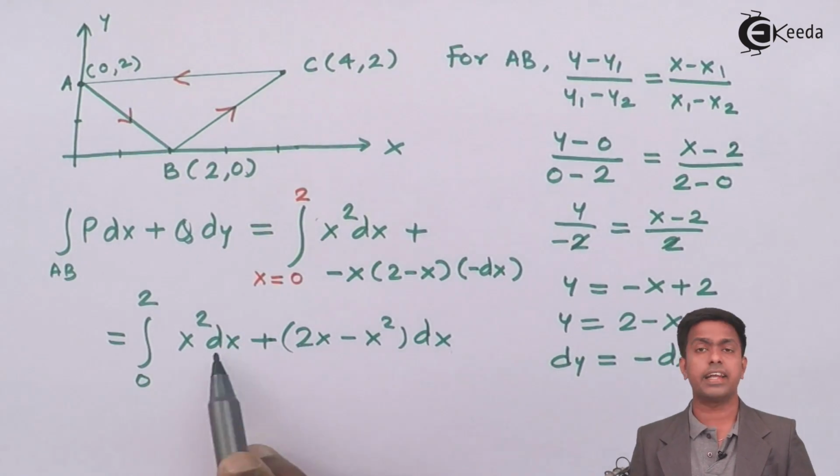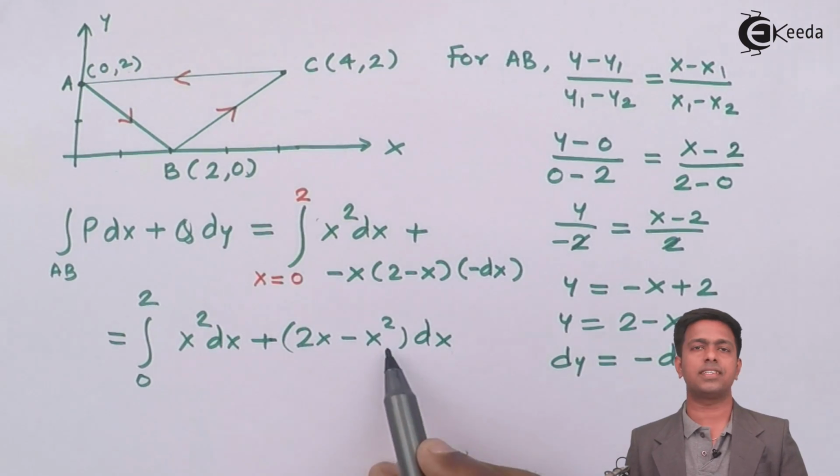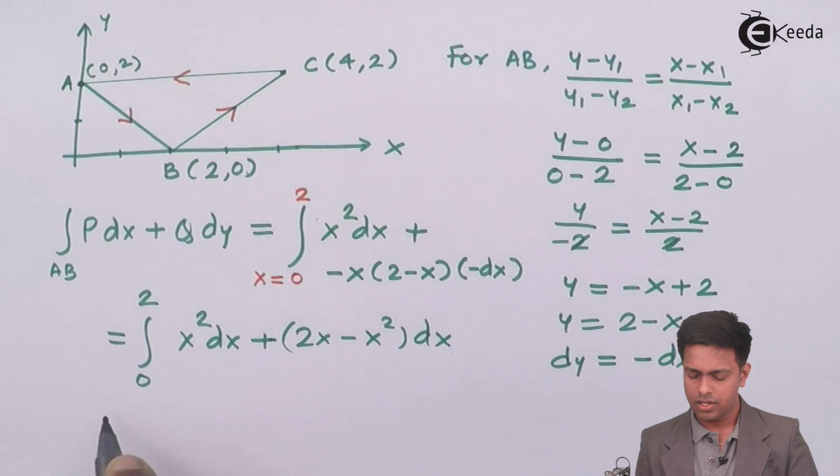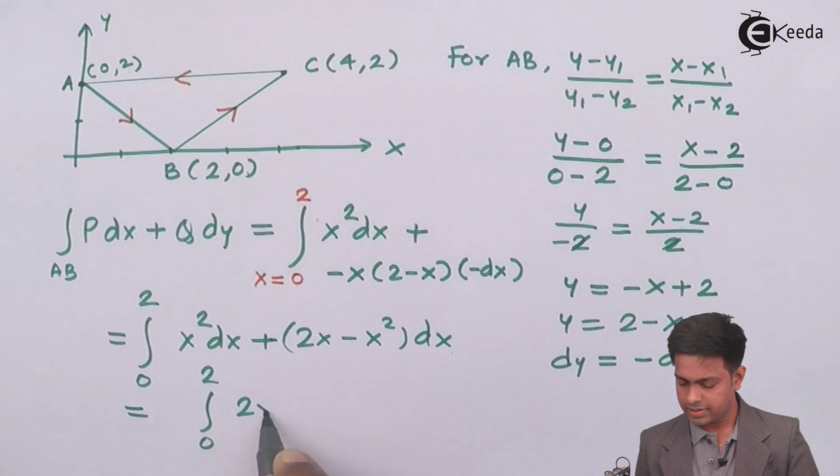Next, dx I can take common, then in the bracket we will get x square plus 2x minus x square, x square will cancel, we'll get 2x, which is nothing but the integral 0 to 2 of 2x dx.